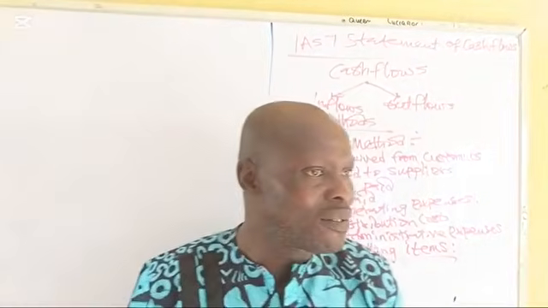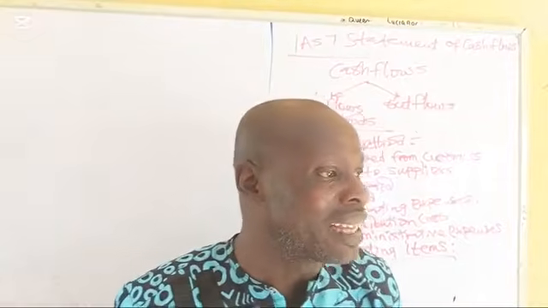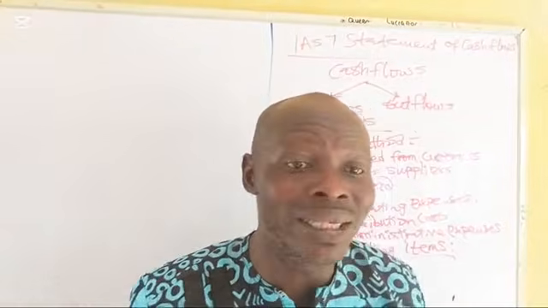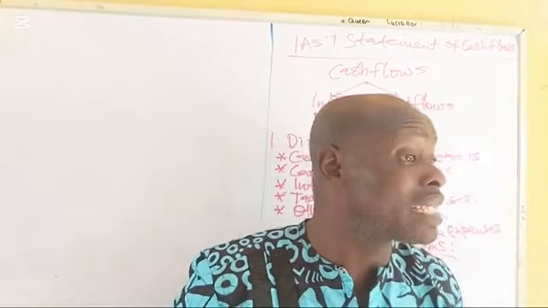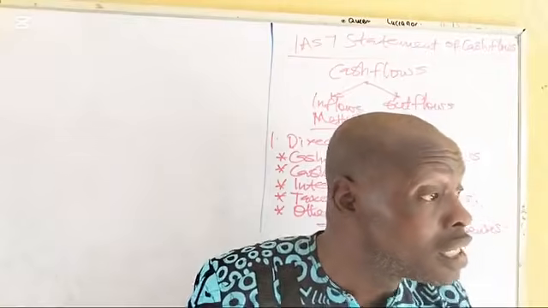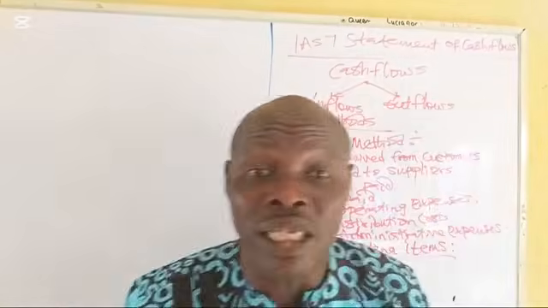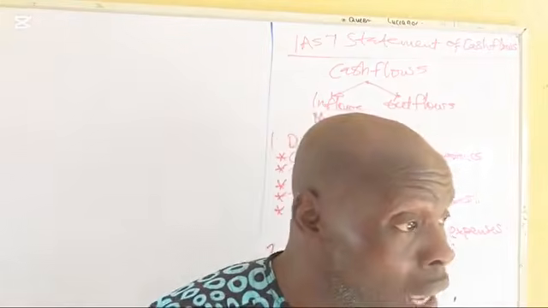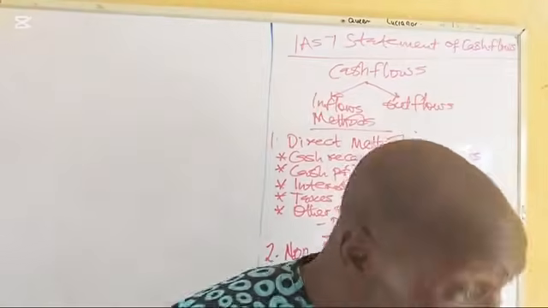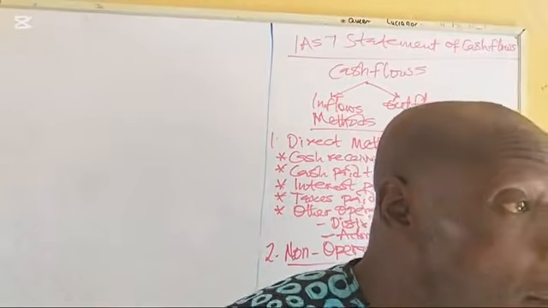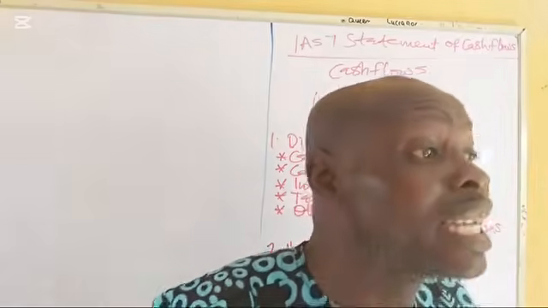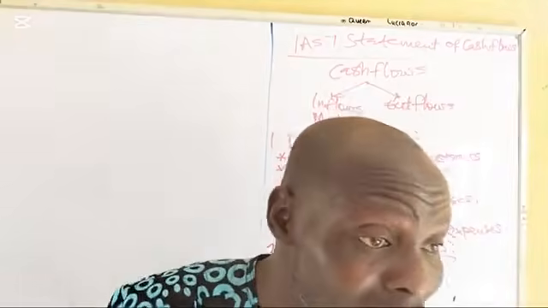For instance, when you have government grant income, you are going to show it as an income, isn't it? And if it is shown as an income, the profit before tax would increase, right?